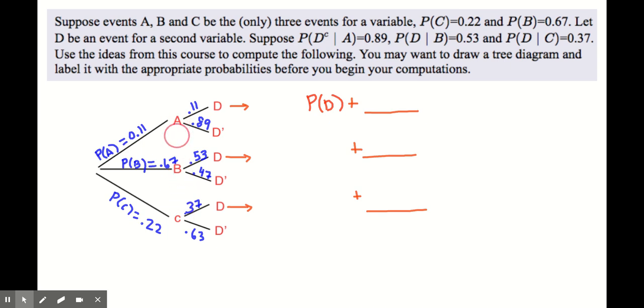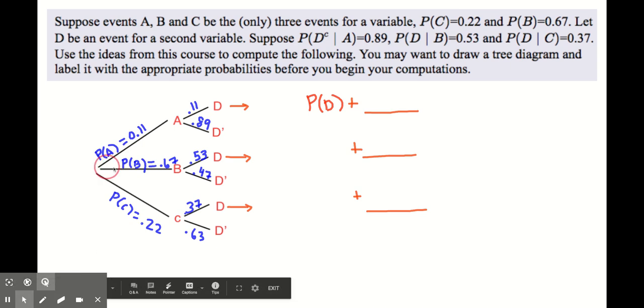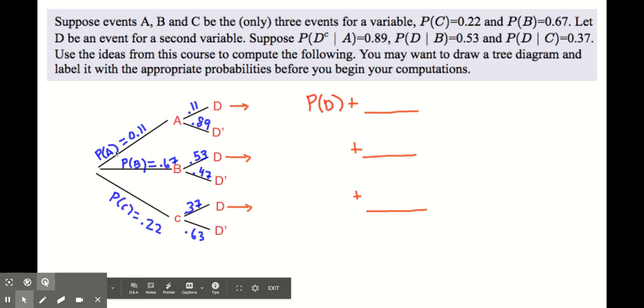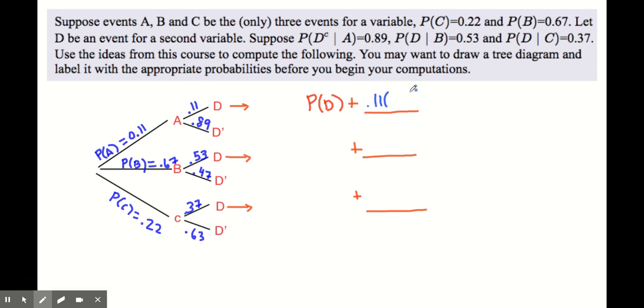Because these three events are disjoint, the probabilities of each of them happening and then D happening are also going to be separate. Focusing on this first branch, coming up through A, for the first piece we take the probability of A, which is 0.11, multiplied by the probability of D given that A has happened.